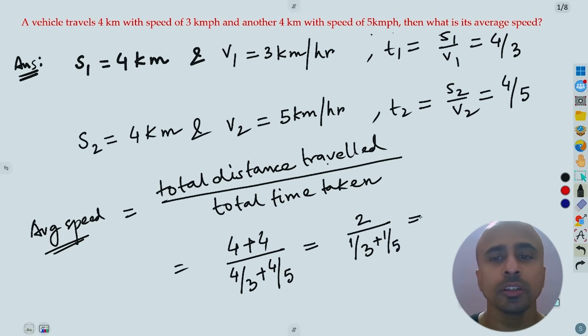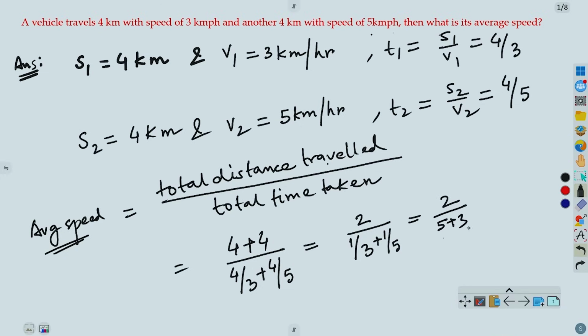I simply cancel out 4 from numerator and denominator, and simplifying, what we will obtain here is 2 by 5 plus 3 by 15, which is 2 times 15 by 8. This is 15 by 4. So the average speed is 15 by 4 km per hour.